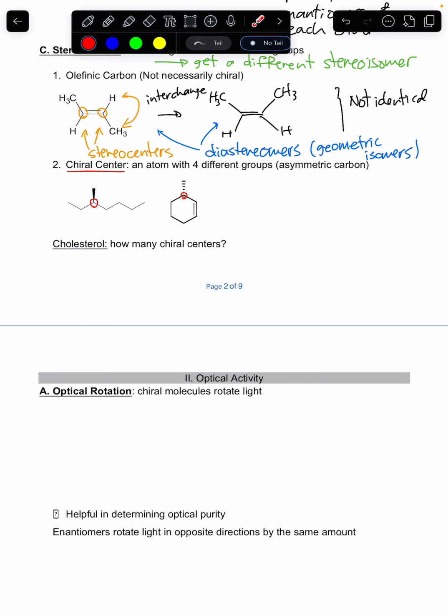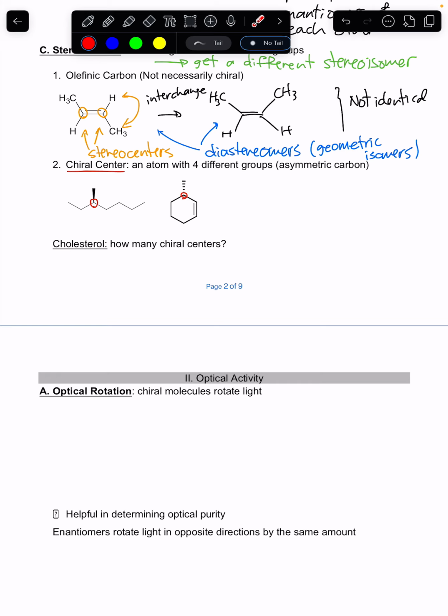Similarly, this carbon here is a chiral center because it's got a methyl group, an olefinic carbon, a methylene CH2 alkane carbon, and of course a hydrogen. So that's got 4 different things attached to it, which makes it a chiral center. So that means both of these molecules are chiral.